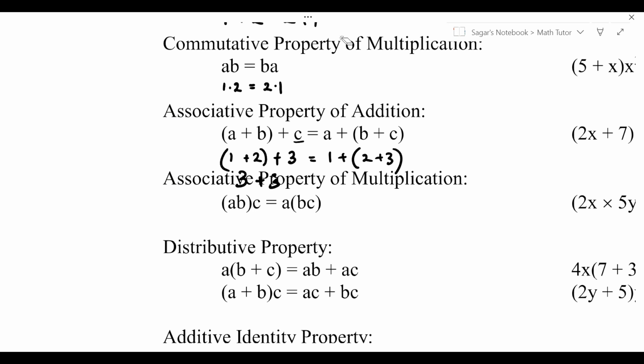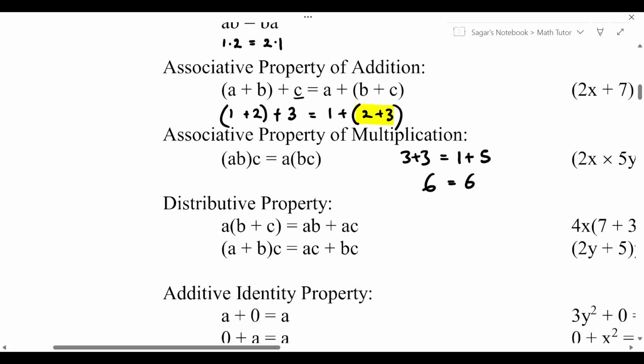So on the left side we've got 3 plus 3, and on the right side we've got 1 plus 4. The value in brackets is 5. So both sides now are equal, 6 and 6.